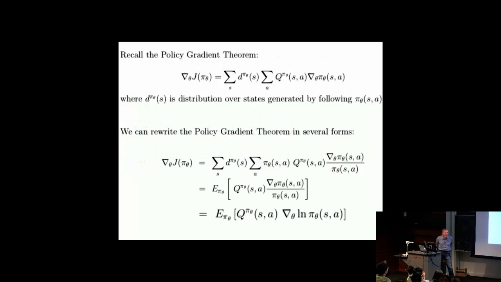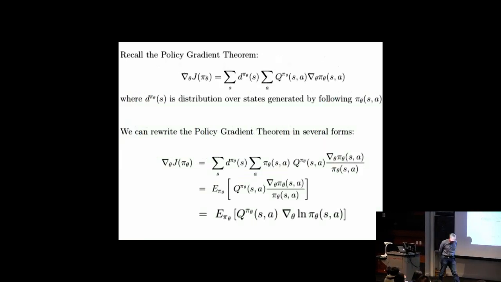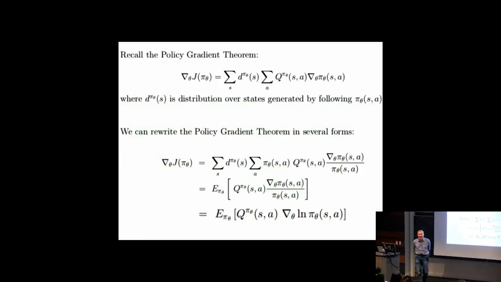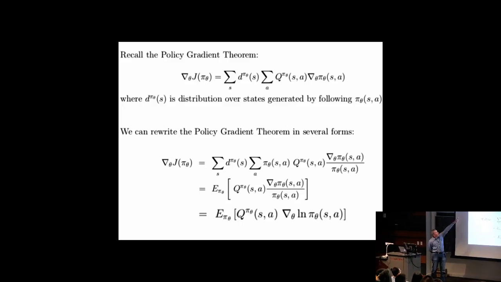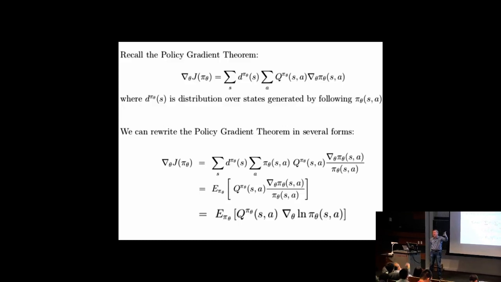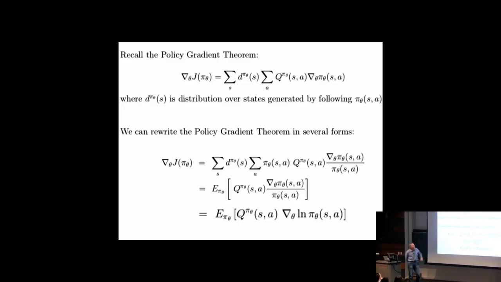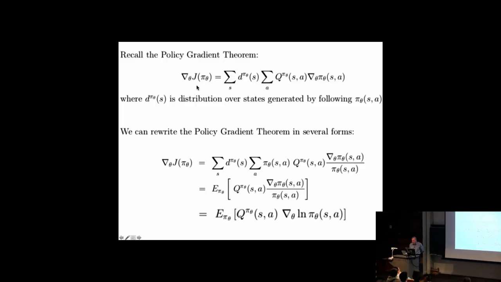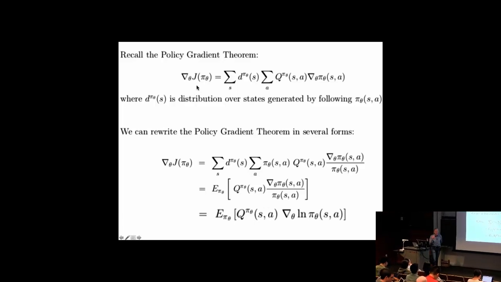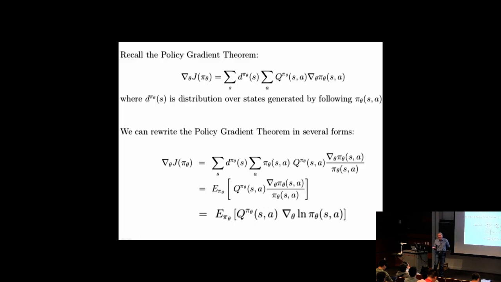Okay, so we're going to talk about policy gradient again today. And just to remind us all, remember the policy gradient theorem. That was the key, it's up there at the top of the screen, to allowing us to figure out how we could use gradient ascent to optimize our objective for reinforcement learning, which is J is our objective.